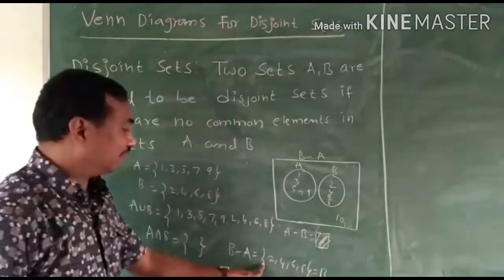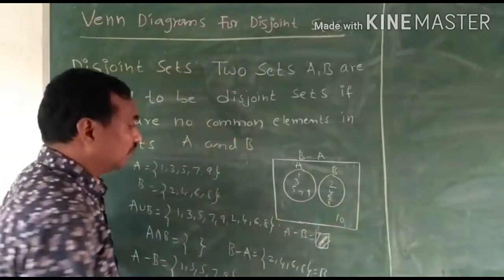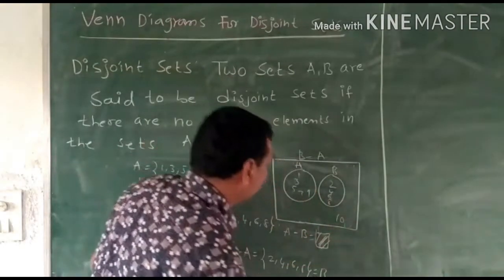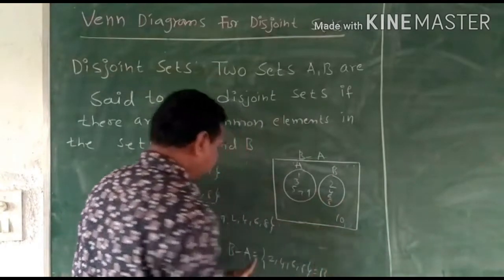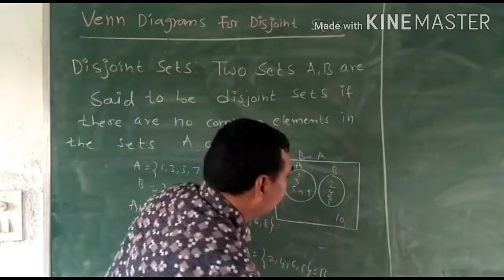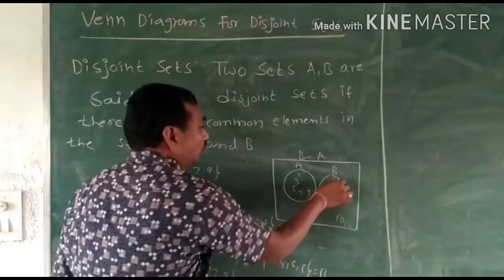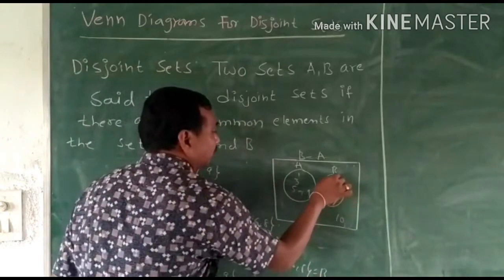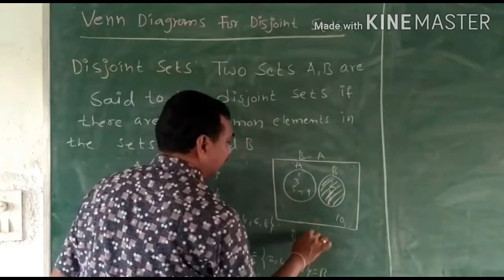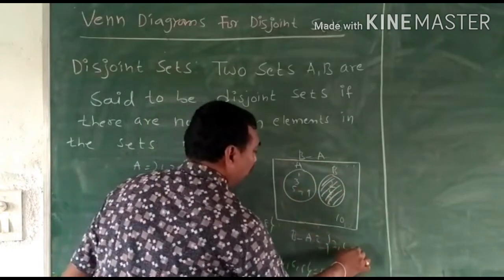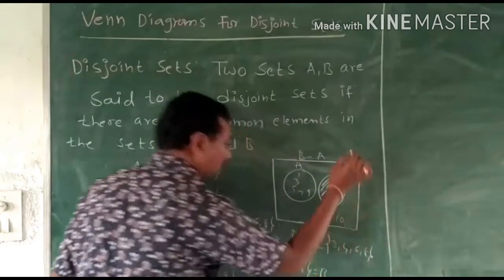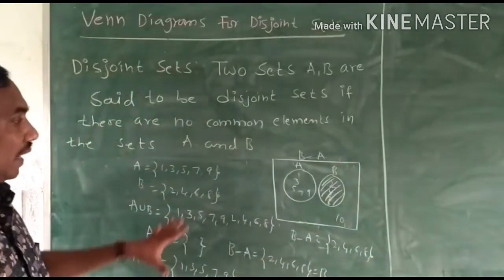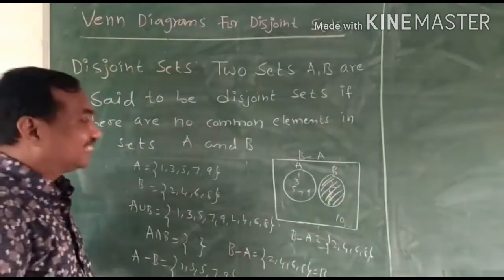B minus A means we take B here. So the shaded area represents B minus A, equal to 2, 4, 6, 8. These are the four Venn diagrams for disjoint sets.